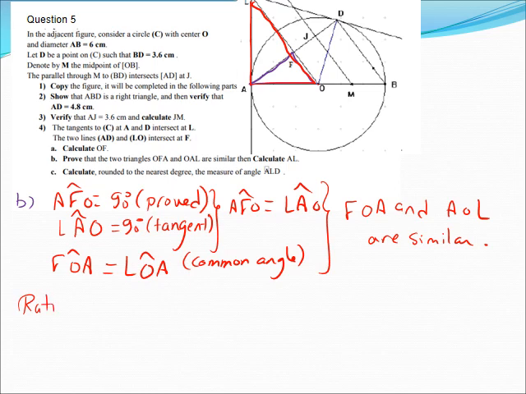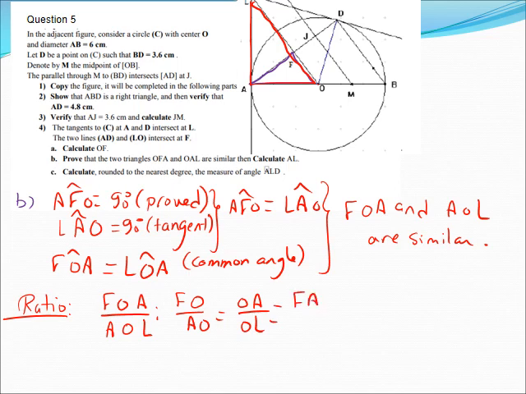Ratio. We find the ratio to calculate AL. FO over AO equals OA over OL equals FA over AL.